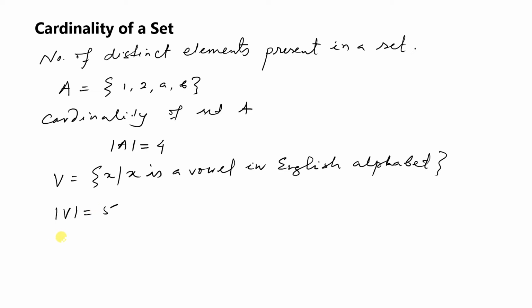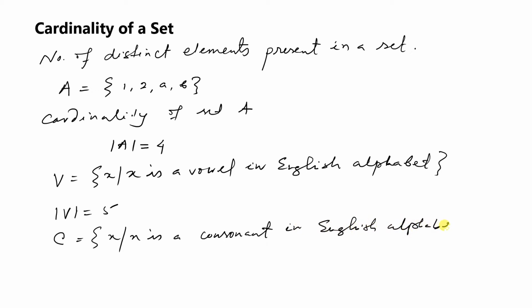Similarly, the set of all x such that x is a consonant in the English alphabet, what is the cardinality of C? 21, because there are 21 consonants in the English alphabet. So in this way you can find the cardinality of A.